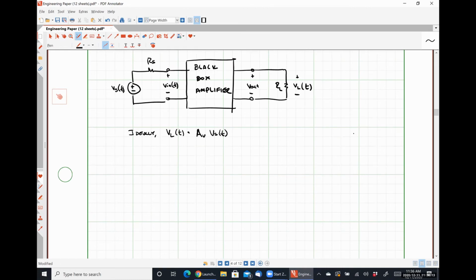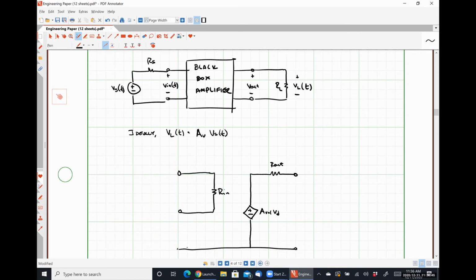So if we look at our practical model representation connected to this system, here's our practical op amp model.